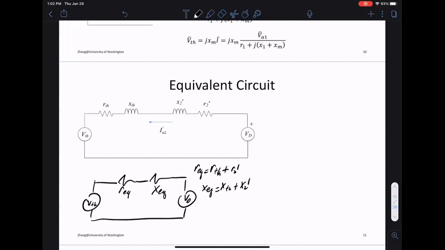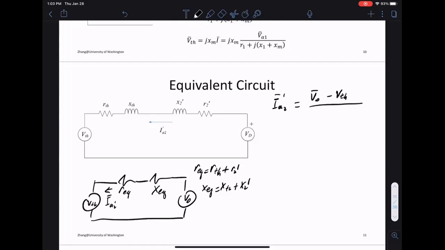If you look at these equations, we have IA2 prime. Here we're going to do all the calculations in complex numbers. IA2 prime is just (VD minus VTH) divided by (REQ plus jXEQ), because we're forcing the current to go this way.